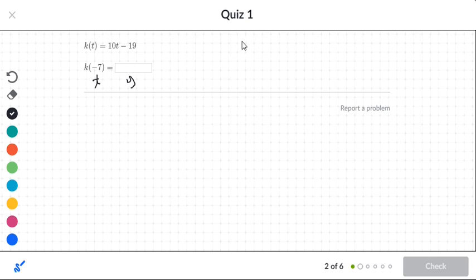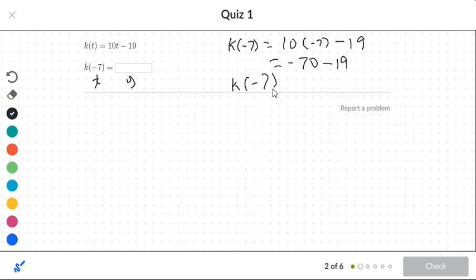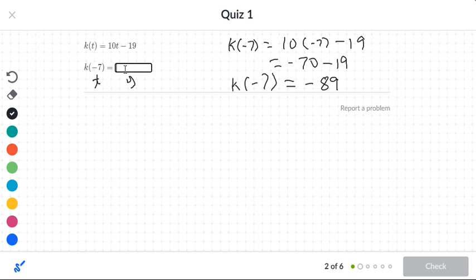We take K of negative 7, set this equal to 10, remove the letter t and put in a negative 7 minus 19, because we want this equal to a single number. Do your multiplication here, so you get negative 70 minus 19. Then K of negative 7 is now equal to negative 89.